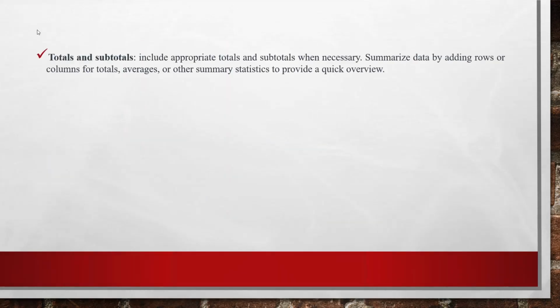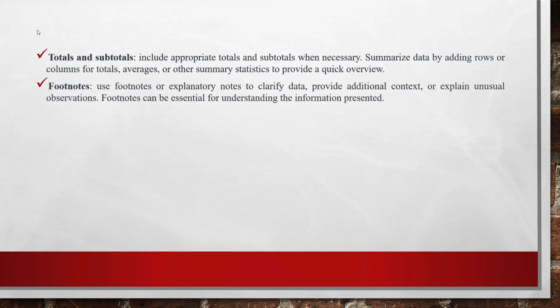Then totals and subtotals. If totals and subtotals are added, they should be summarized in every row and column if needed. Then footnotes. Footnotes are very important in tabulation. A footnote is an explanatory note to clarify data, that is, to provide additional information or explanation about the content of the table.